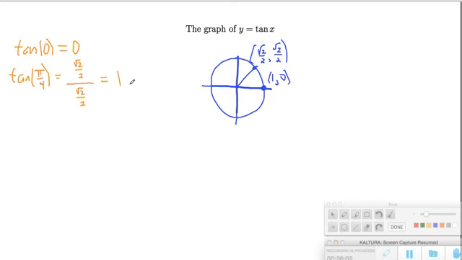As another example, consider what happens when you rotate up to pi over 2. If you happen to be at pi over 2 here, the coordinates of the point, well, x is 0, y is 1 on the unit circle. So in terms of tangent, if you're looking at tangent of pi over 2, remember, tangent is sine over cosine.